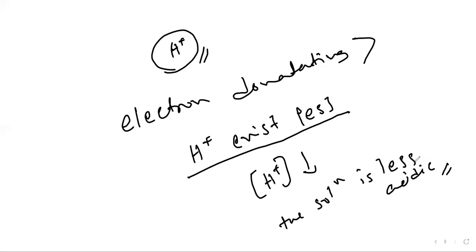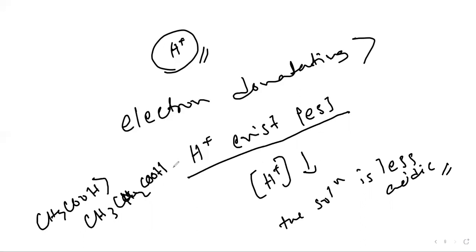Okay. So that's the part, and that means the acidity of CH3COOH is greater than the acidity of CH3CH2COOH. Let me help with another one, which is number 2 and number 3, the equations.